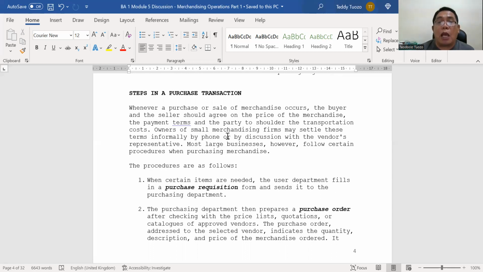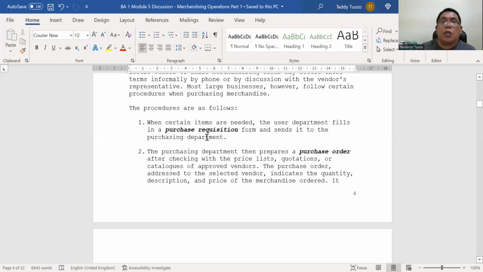Most large businesses, however, follow certain procedures when purchasing merchandise. So the procedures, now these are, of course, the suggestive or the standard procedures when large businesses purchase goods.